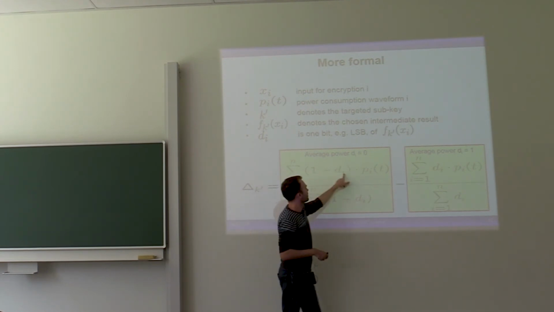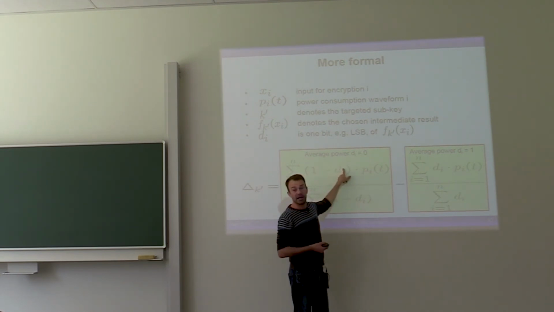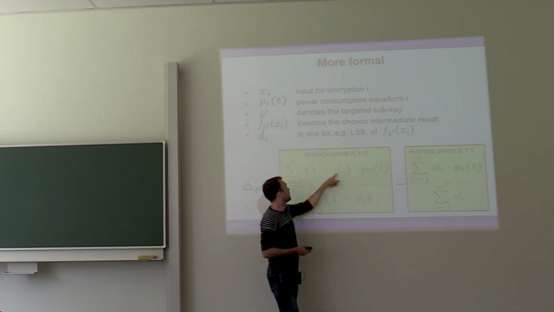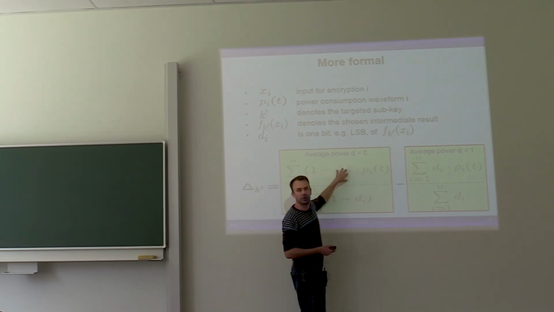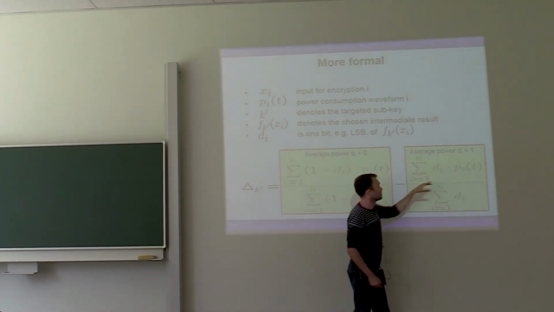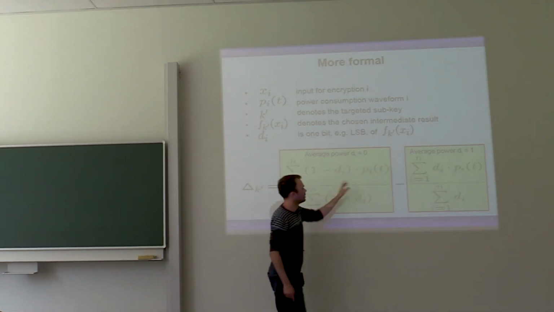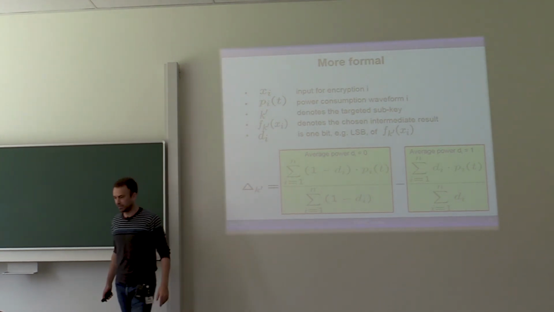Then we multiply this with the power consumption vector, which means if my d_i is a 1, then this becomes a 0, so that just means that power trace does not contribute to this average, it contributes to this average. So these are the two averages of the two groups, and we subtract them, and that's our differential trace for that guess. Same thing.